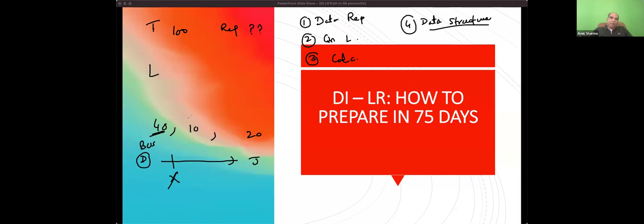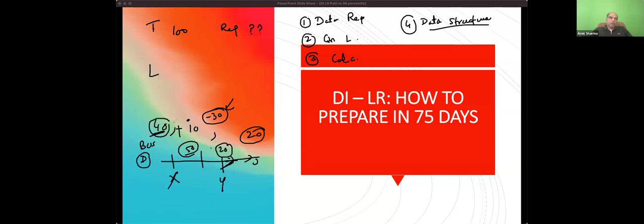At station X, 10 people got in. So it now became 50 people. Nobody got out. And when it left station Y, 20 people were in the bus. Nobody entered at this point. So what you get in this case is 40 plus 10 minus 30. You realize there's a variable here of how many people got down at this place. So that sort is giving 20. So this is a data structure connecting these numbers.